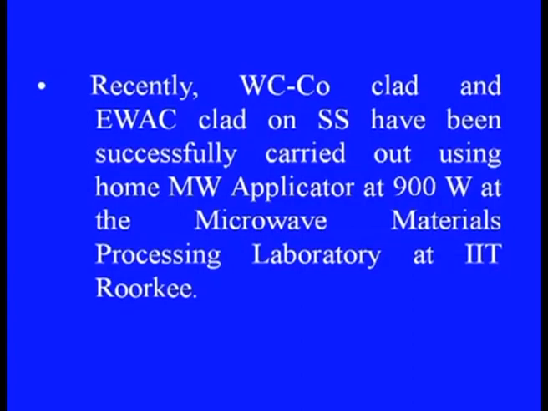Recently, tungsten carbide and cobalt clad and UAC clad on stainless steel have been successfully carried out using a home microwave applicator at 900 watt using 2.45 gigahertz microwaves, and this was carried out in the microwave material processing laboratory at IIT Roorkee.